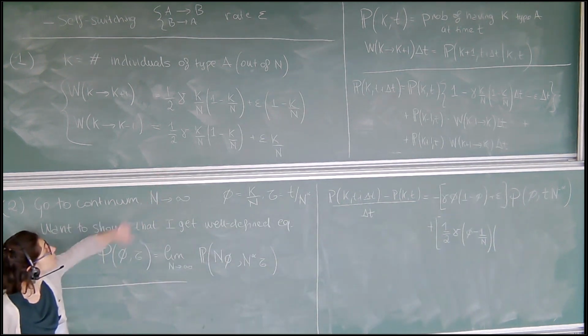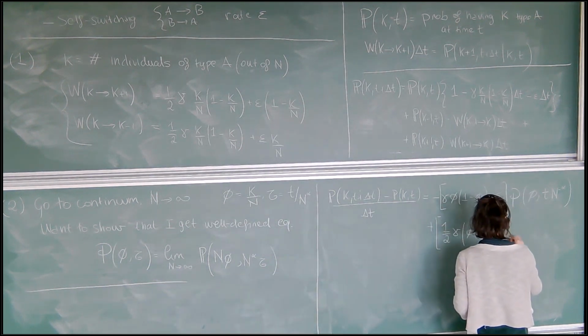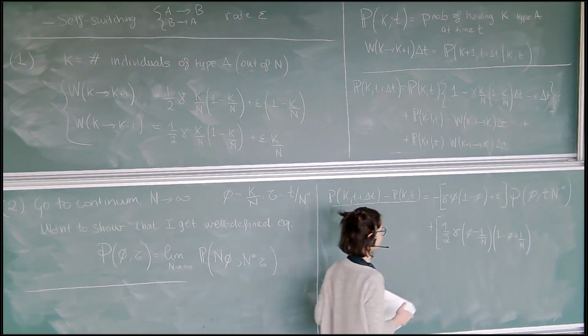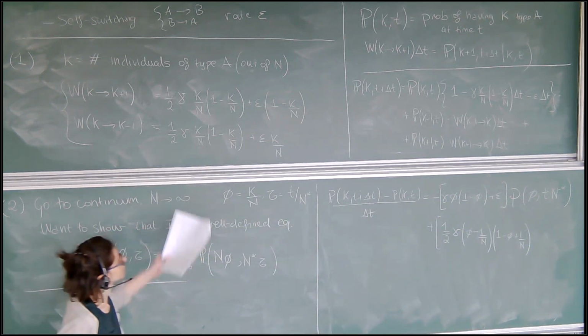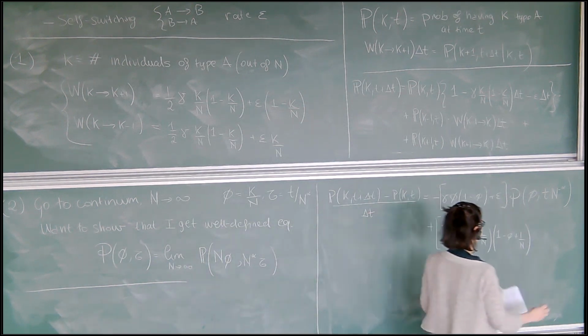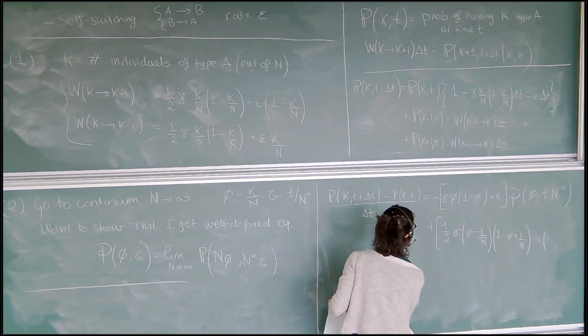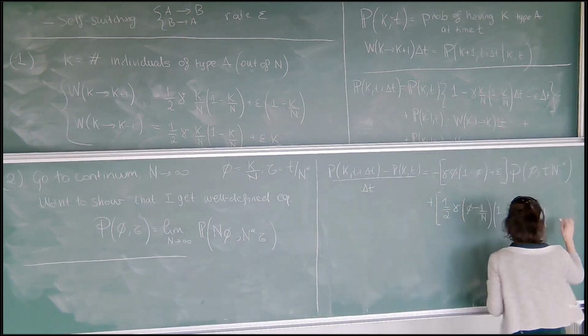Then I have 1 minus K minus 1 over N, and this I can write as 1 minus phi plus 1 over N. And then the same thing for the term with epsilon. So this will be plus epsilon. Sorry for the spacing, but you have the same thing.